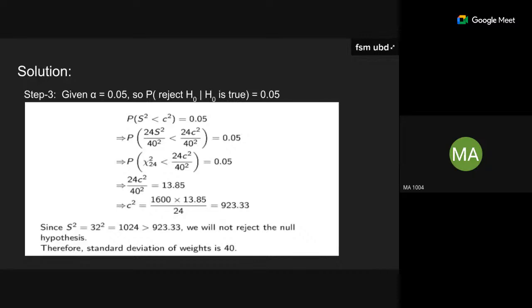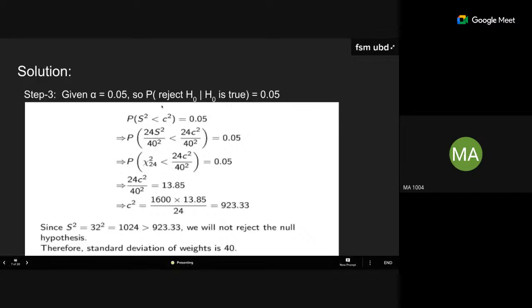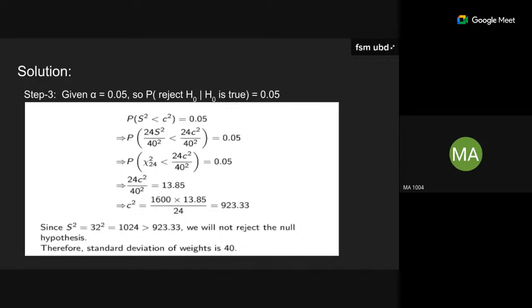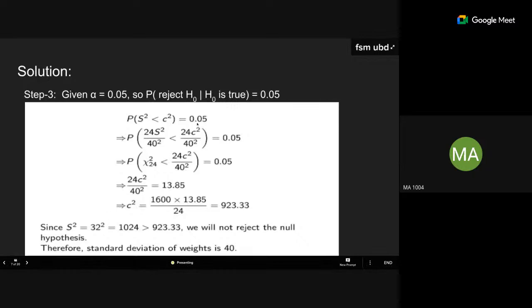In order to find the p value, the only thing you have to do is, instead of this small c square, you just take 32 square. You just take the test statistic value directly in place of the critical value. Then compute alpha, and that alpha will be the p value.